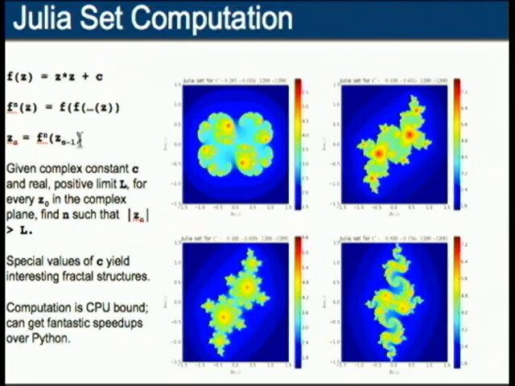The nth iterate of z is just applying f to the previous iterate, getting the result back, and just keep on iterating. What we see plotted here: each one of these plots is for a different constant c and some limit L. We are plotting the escape time, basically the number of iterations before the absolute value of z_n is larger than L. For different values of c, you get these very intricate, fractal-like structures.